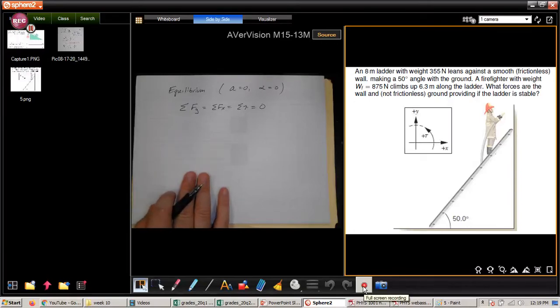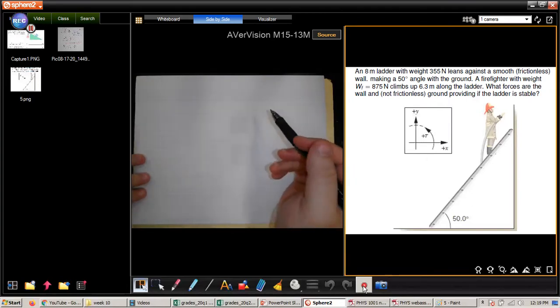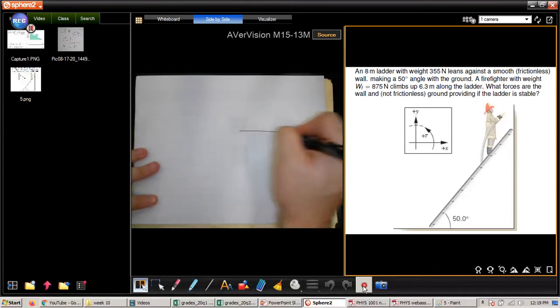Okay, so we want to do an example problem where on one side of this we have someone climbing up a ladder, and of course this is the sort of thing you should sketch out.